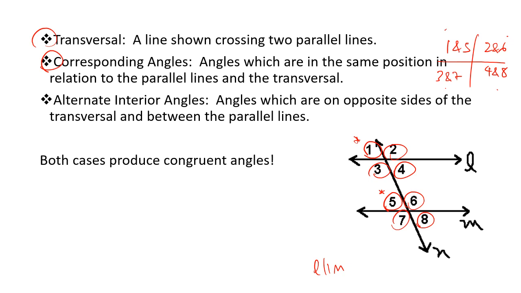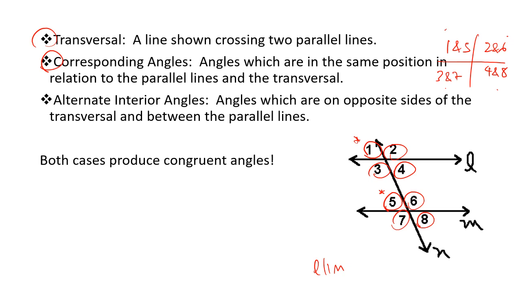Now, corresponding angles are always congruent. And we can see the congruency because, like I said, if we were to take 1 and slide it down to where it was on top of 5, they would match up perfectly. The transversal would be in the same spot. The parallel lines are parallel, so they're in the same spot. So it creates that same region if we think about that initial way of thinking about angles. So we can see how these are all congruent.